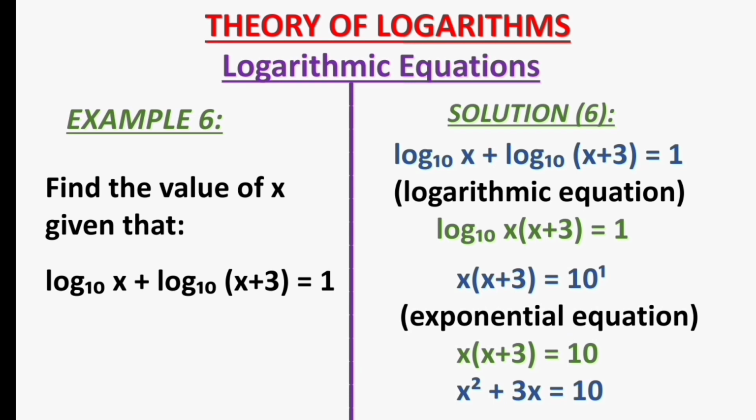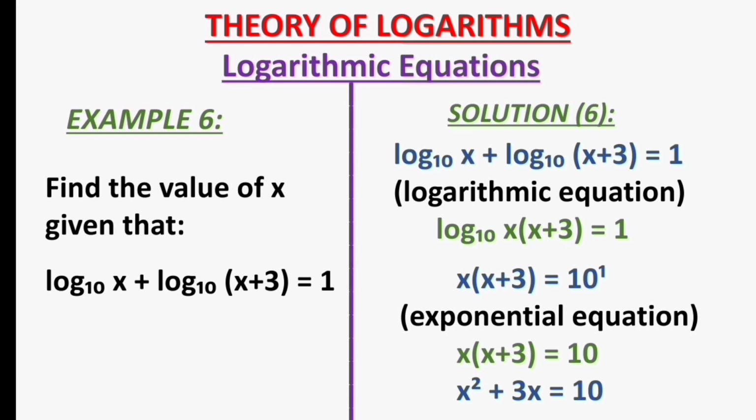Next, converting this logarithmic equation to an exponential equation, we are going to have x into (x plus 3) is equal to 10 raised to power 1. In other words, the logarithm to base 10 on the left hand side of the equation becomes indices to base 10 on the right hand side of the equation.